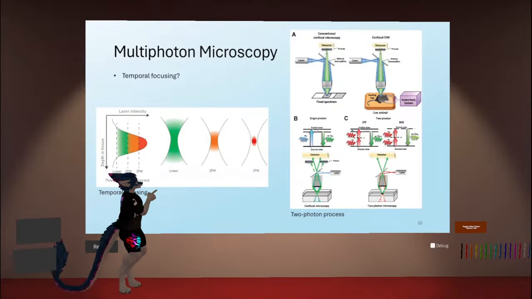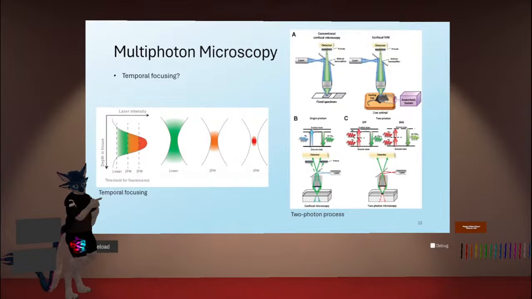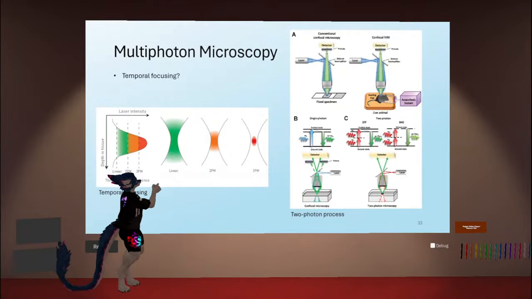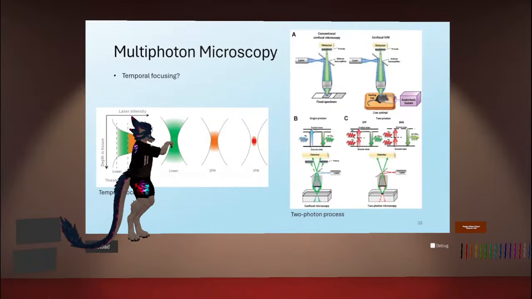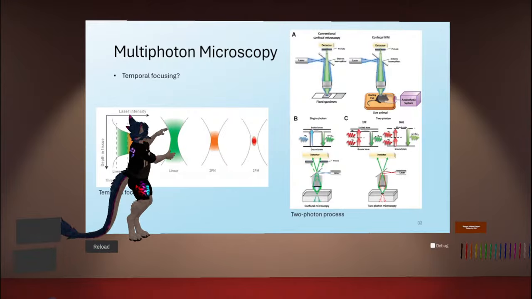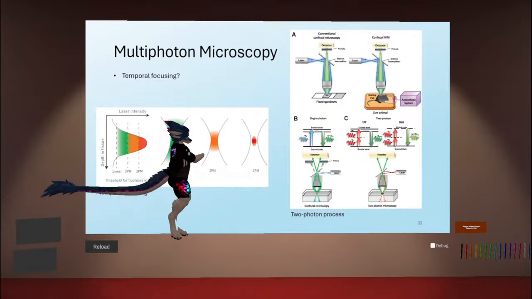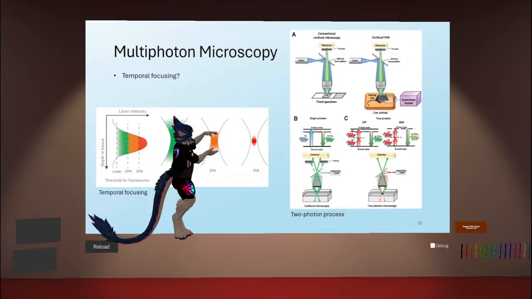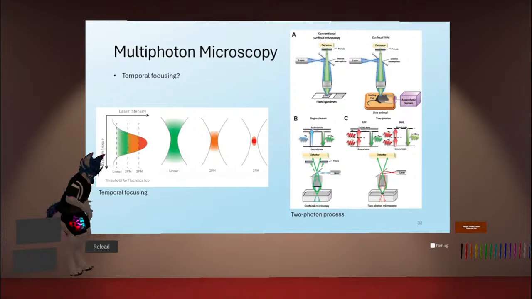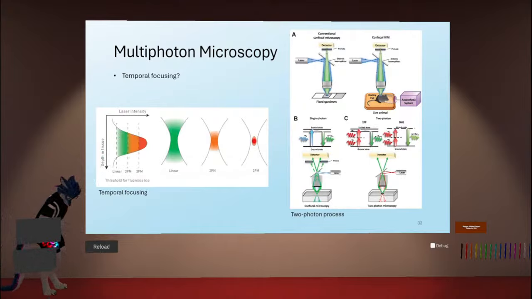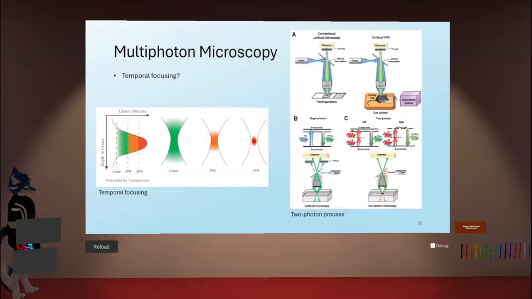Now what we've done is create this temporal dependence where we need a certain density of photons in a region, almost like squaring that density requirement, and you shrink your active area, your point spread function. And as you keep adding photon absorptions, you keep getting a smaller and smaller well-defined area.